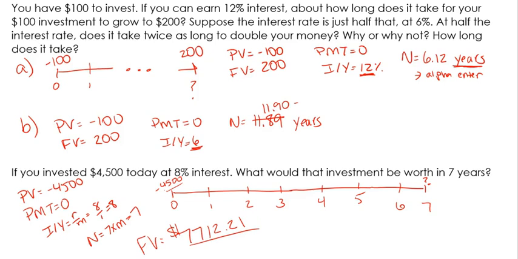As long as you can identify that we deposited $4,500 today and nothing else, that would be the $4,500 as the present value, and payment would be 0. We also know that it's a 7-year period at 8%. So the only thing left to solve for at that point would be future value. So even if you couldn't figure out whether it's asking for payment or future value or whatever you're confused about, once you identify these 4 components, the only remaining option is future value. So it helps to do the timeline. It helps immensely.